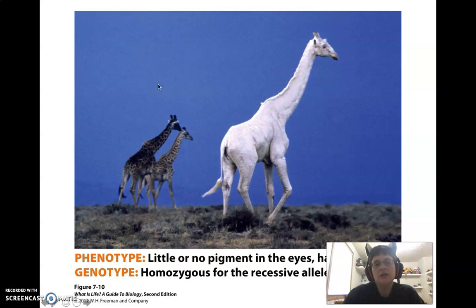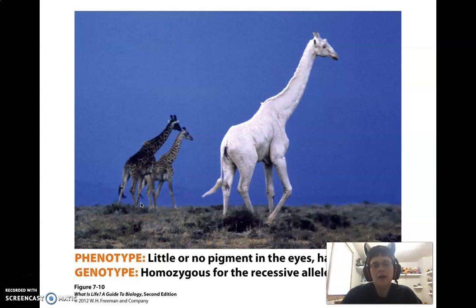The question is, can we tell what the genotype is for these giraffes? We know that the phenotype is they have pigment for their hair and skin. We can tell that. We have to assume that they have pigment in their eyes as well. So we can tell that they do have dominant genes.